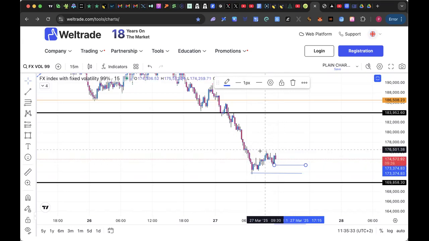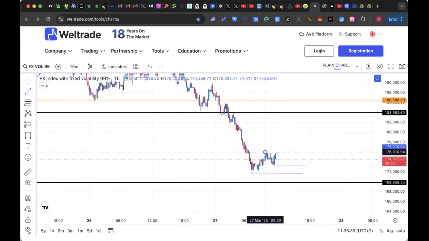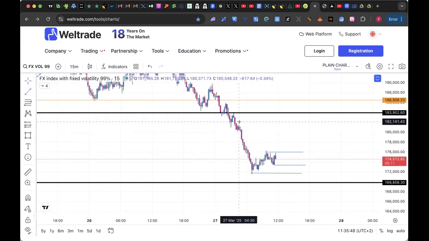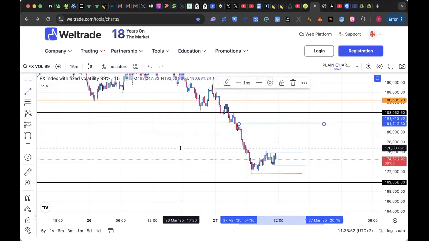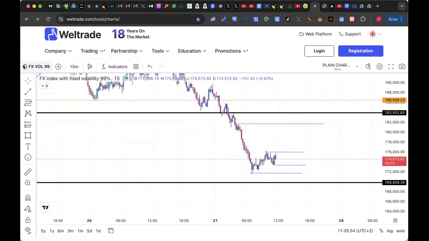A low has been created, but we need to break this high. It's very choppy. You can see that. So we'll go to 1 minute.